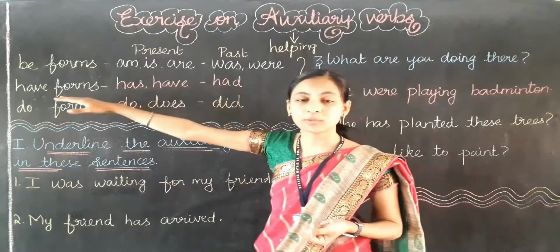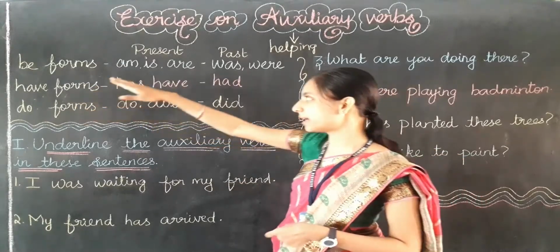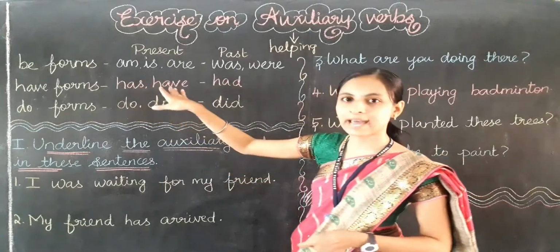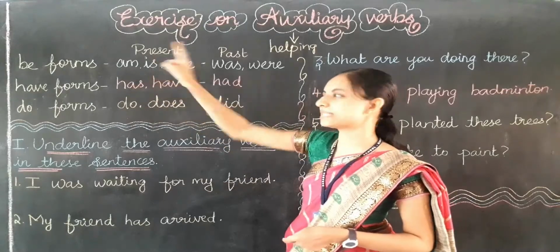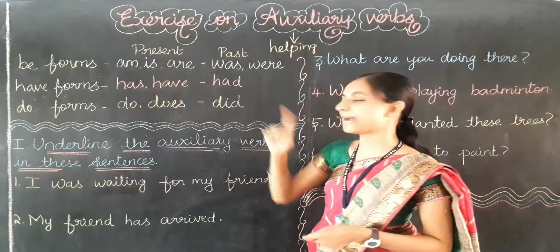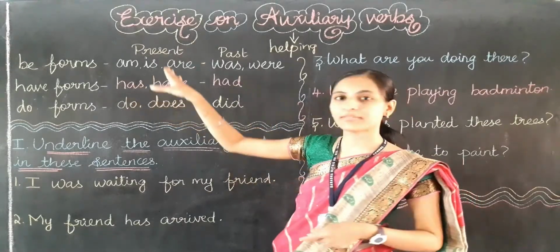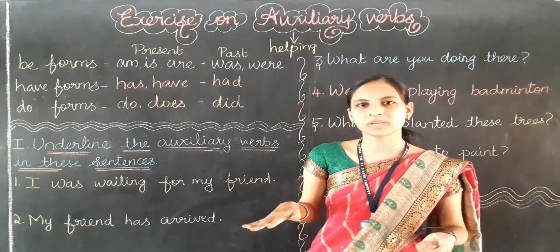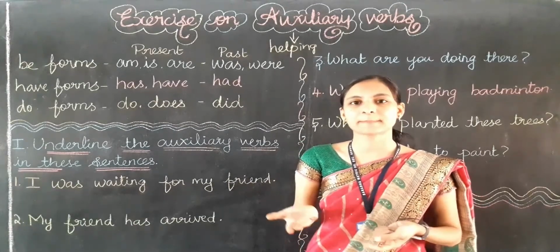Next, have forms. What is the second form? Have form verbs are has, have, had. I repeat, has, have, had. Here has and have are the present time verbs and had is the past time verb. Has and have are used to talk about the present situation, the action which is happening now.